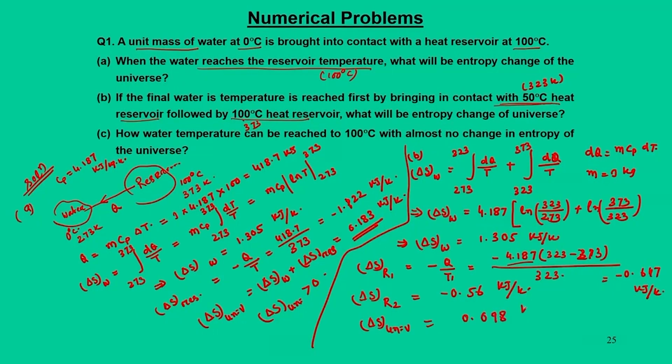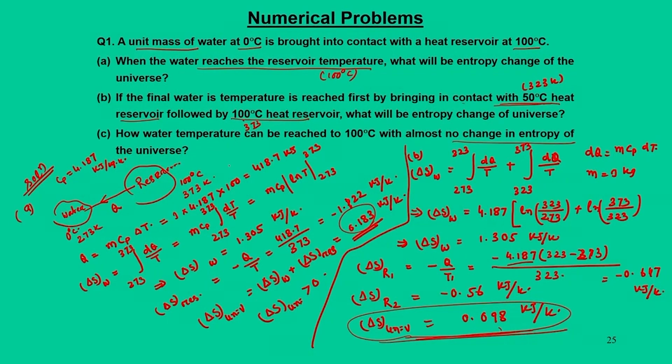0.098 kilojoule per Kelvin. So, what we see is that when you do this heating in a stepped manner, that is, one with 50 degree centigrade, then to 100 degree centigrade, the entropy change of the universe is less. In this case it was 0.183, now it is 0.098. So, it means if water is reversibly heated, there will be almost no change in the entropy.